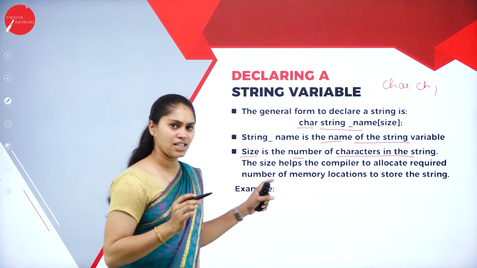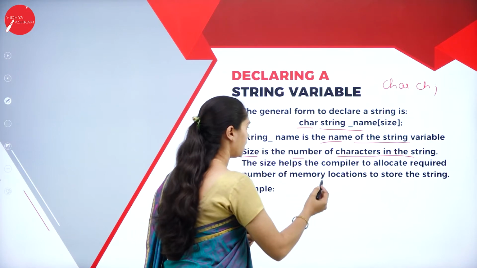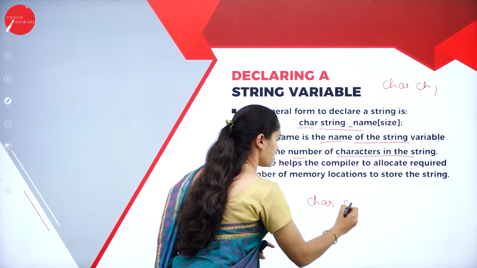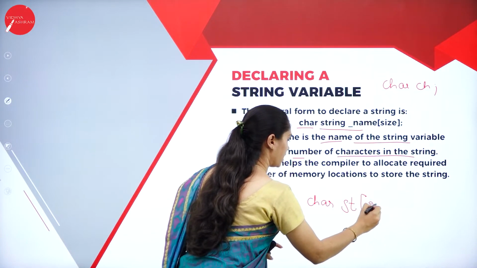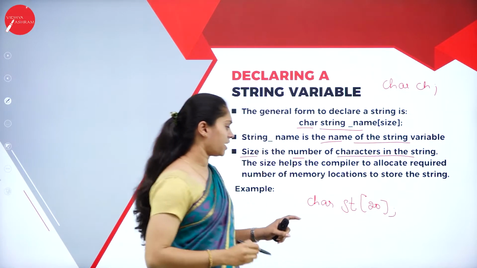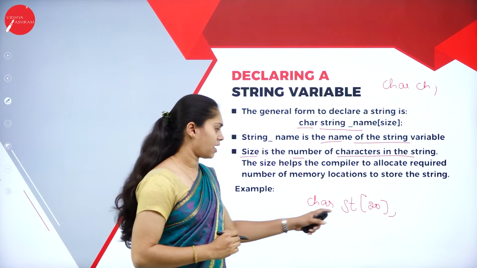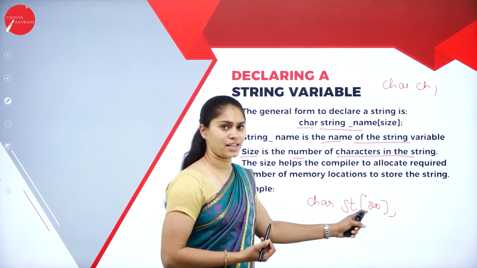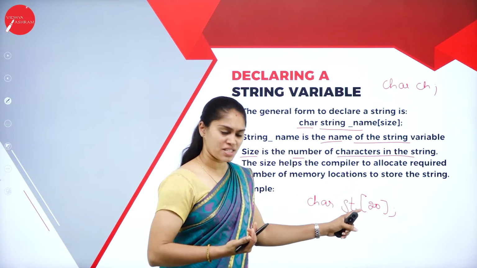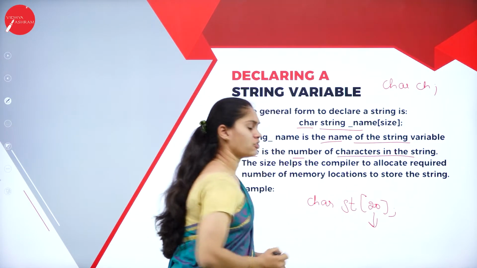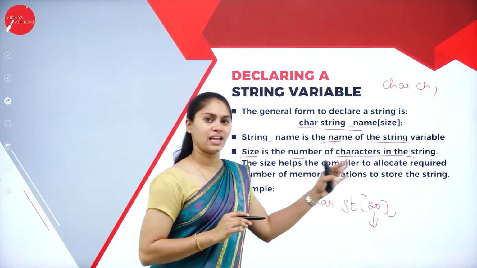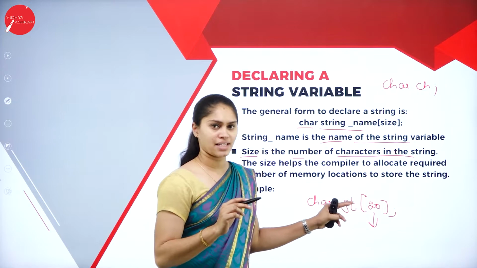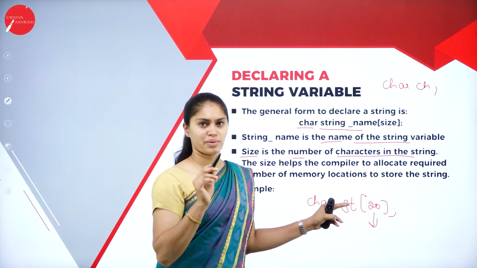For example, if I am taking char st[20], what does it indicate? Char is a data type, st is the name of the string, and the size is 20. It specifies that it will include 20 characters, and each character will take 1 byte of memory space.